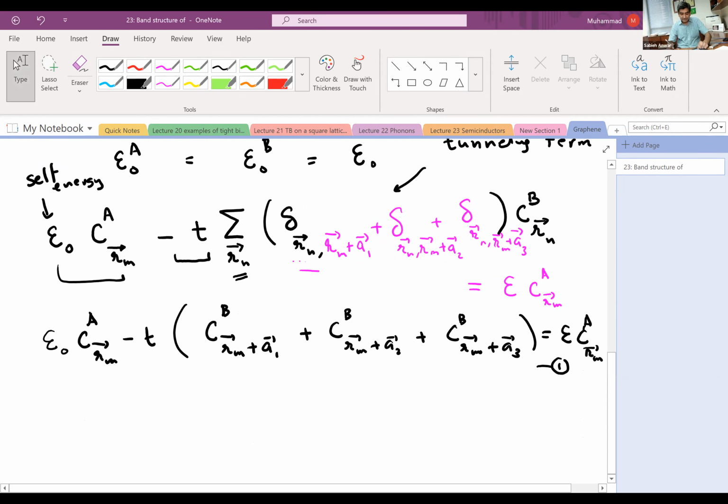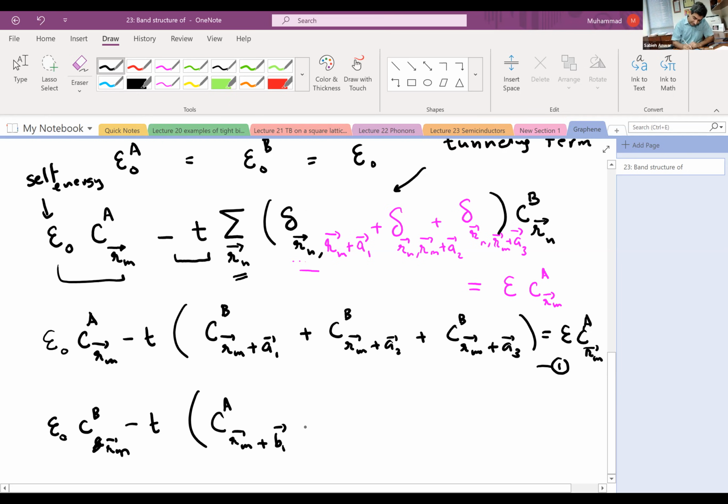But exactly the same approach, I can write down the other equation. E naught C_Rm,B minus T C_Rm. Now instead of a1s, I have b1s because the atom B's are connected to the A's through the b vectors.